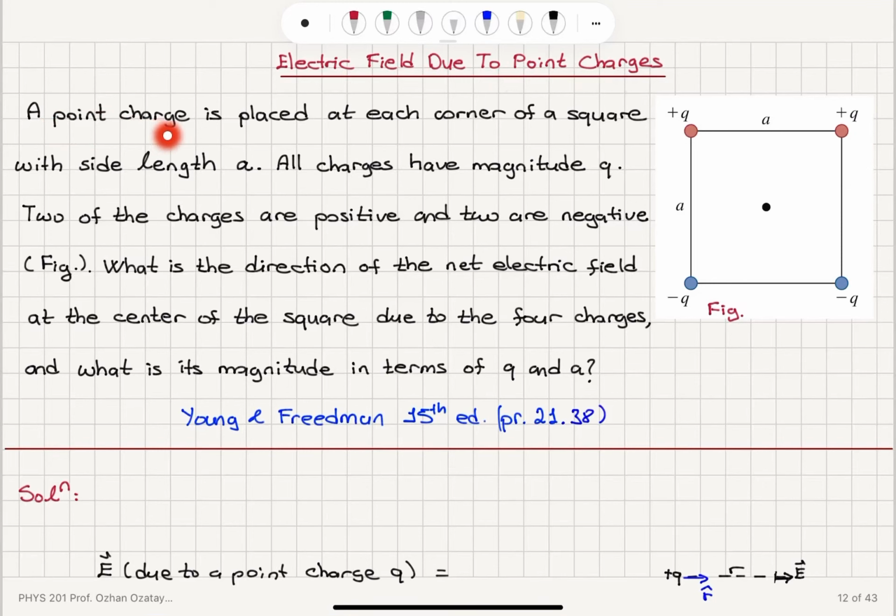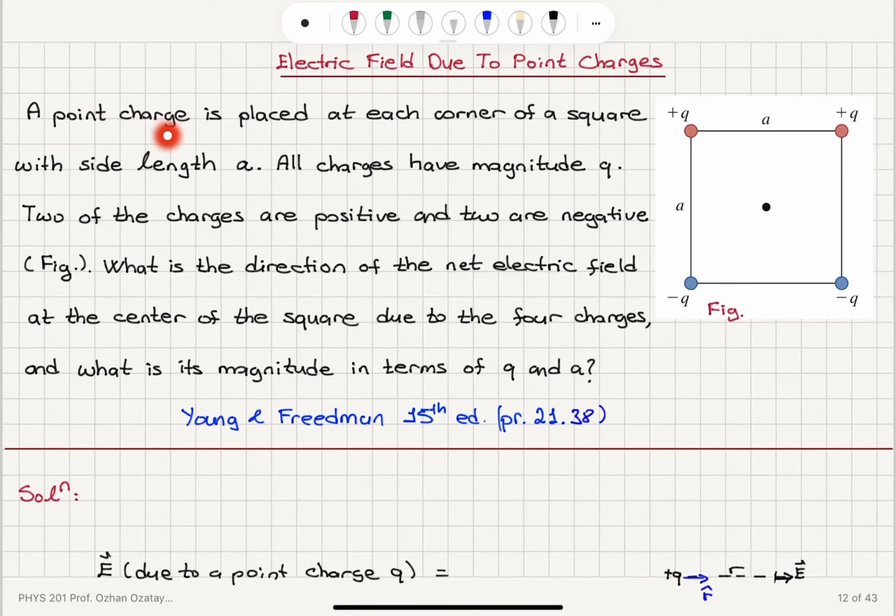So let's recall that the electric field due to a point charge is Coulomb's constant, 1 over 4 pi epsilon 0, times the charge Q divided by r squared in the r hat direction. So if this is for a positive charge, you can see that the r hat direction is radially outward from the charge.